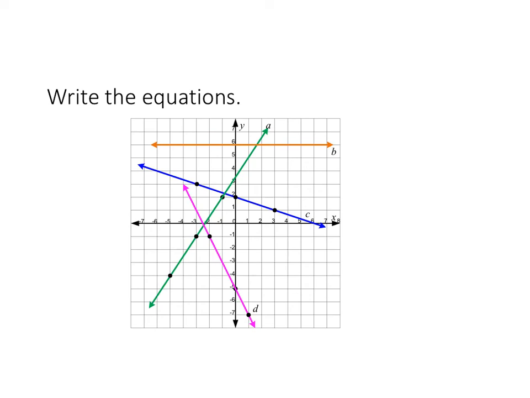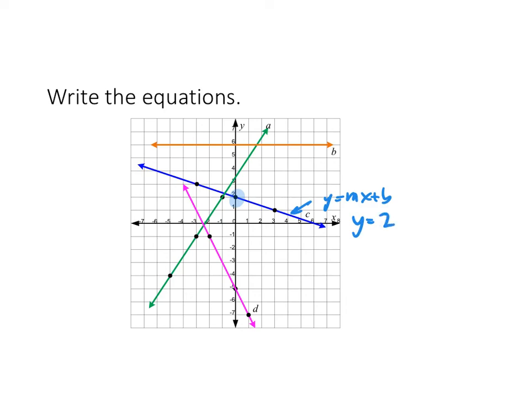So if we go backwards, we need to find an equation for these lines. Let's start with C. C, we can see the y-intercept. So we don't even need point slope form for this. We can just use y equals mx plus b or b plus mx. Let me write it b plus mx just for fun.